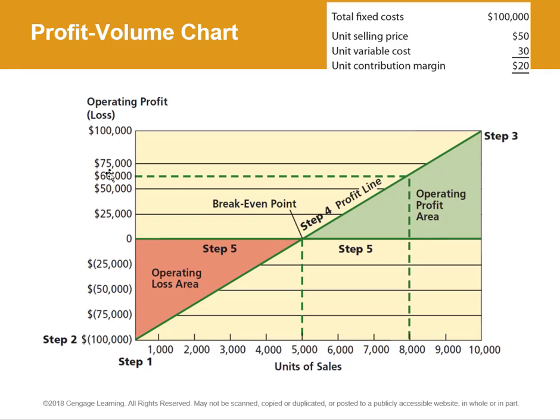The y-axis is your profit line, so that's what's different between the two charts. On the other chart, this is sales. This is units of sales in both, but this one is profit. So there you can actually see what the profit is, so I can see why that would be a good chart.